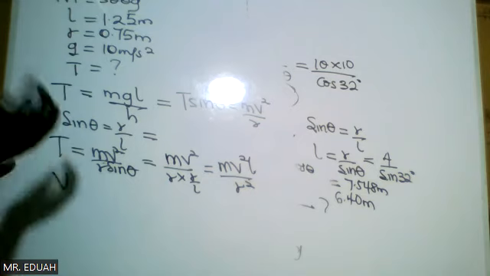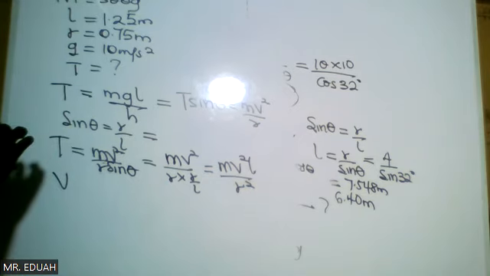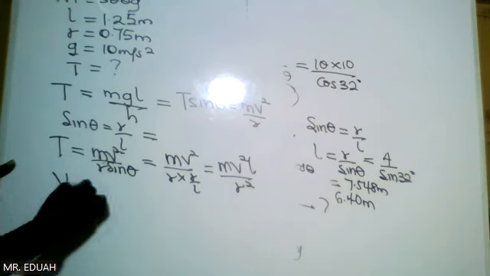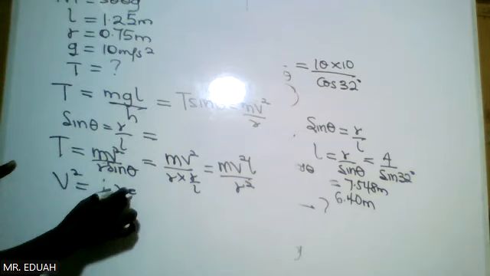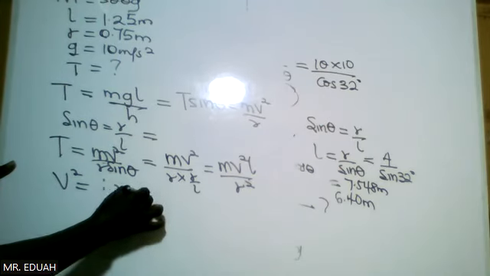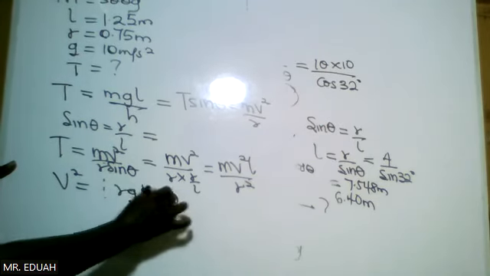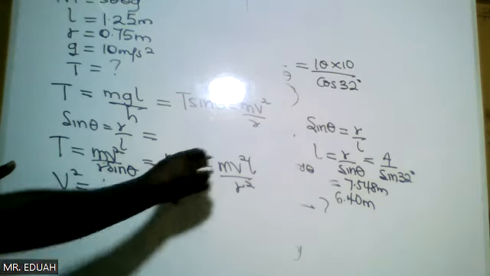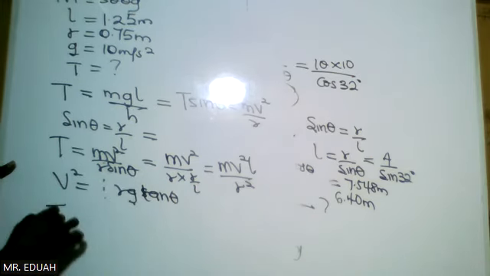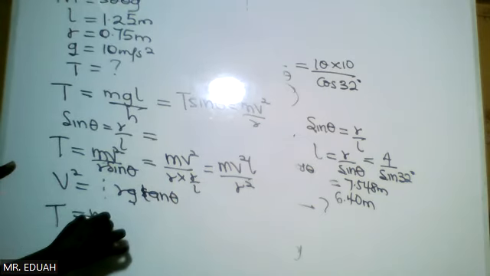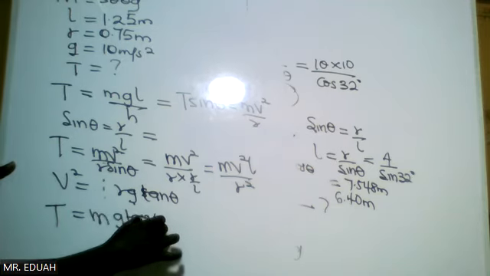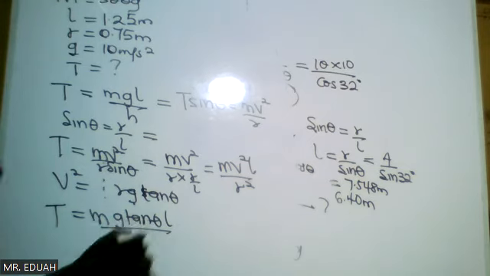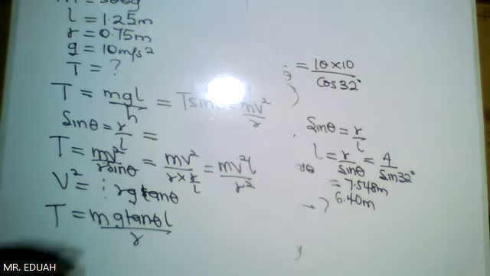There are so many ways to do this. V is equal to square root of RG times tan theta, so V squared is RG tan theta. When you substitute this here, T is equal to G tan theta L over R. So there are a lot of ways to go around it.